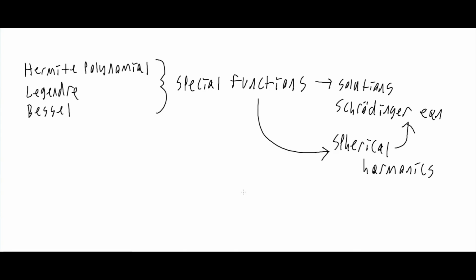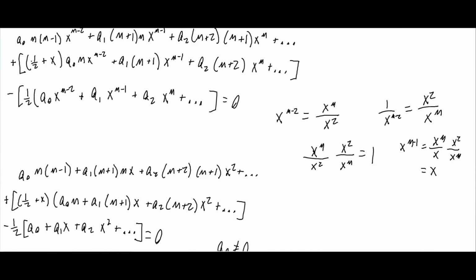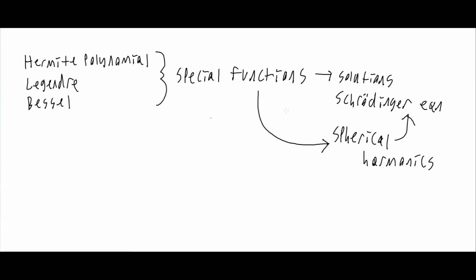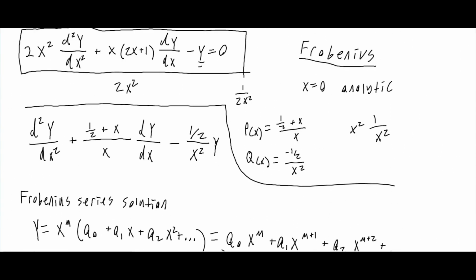And as I said, this Frobenius method is something that pops up a lot when you're looking into these special functions. And so when I'm looking at these special functions and the polynomials that come up as solutions to different general types of differential equations, I'm going to gloss over a lot of these steps in the Frobenius solution.